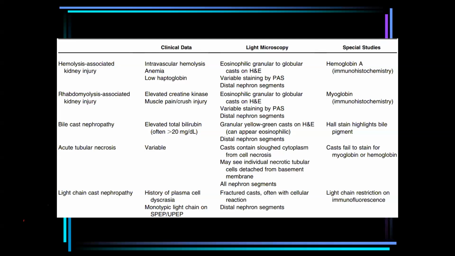In a patient who has hemolysis, for example, and develops acute kidney injury, if we are going to accuse a cast of causing this acute kidney injury, we may accuse the hemoglobin cast rather than the bile cast in this situation. In the majority of cases of bile cast nephropathy, it occurs in the presence of obstruction, or what is called cholestasis.